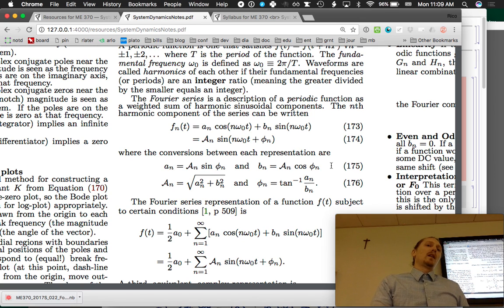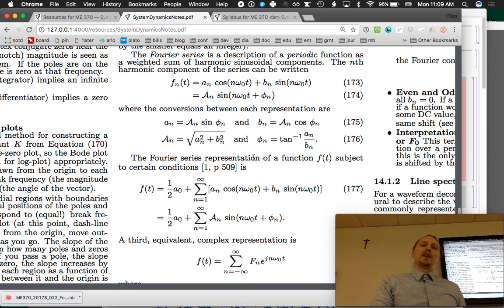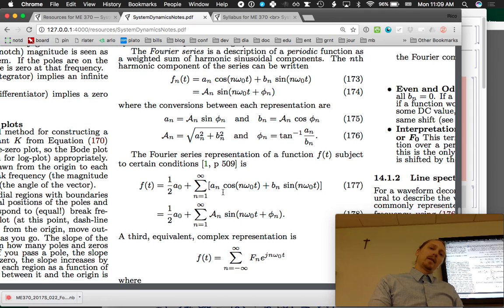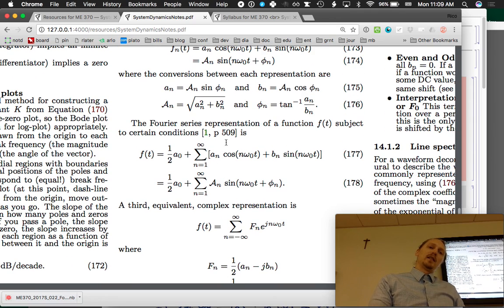Okay? Now, the Fourier series representation of a function f of t, subject to certain conditions, see page 509 in the text if you want to see what those conditions are, is this, okay? So let's ignore this first term.